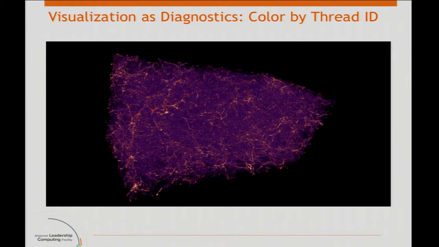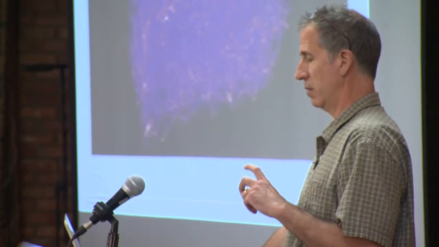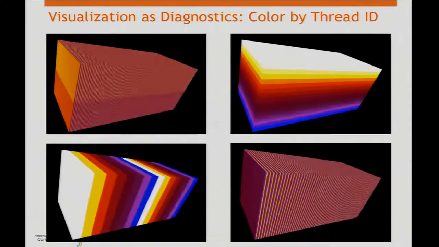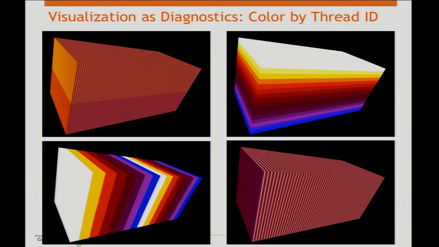And we weren't getting the performance we were expecting, so instead of coloring the data by its actual value, we colored it by the ID of the thread that was doing the processing. By looking at different ways of arranging the data and the assignment of data to threads, we can get a better idea of how the processing is being done and how things were parallelized.